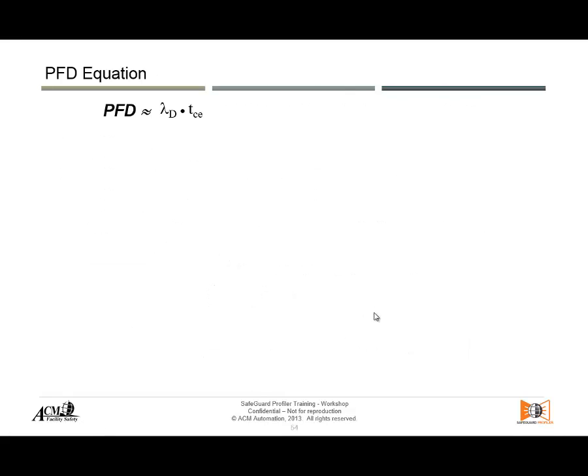So what do I do with this information? The probability of failure on demand is going to be approximately the dangerous failure rate times the channel equivalent time. So I already have lambda DU times TC1 plus lambda DD times TC2, right?